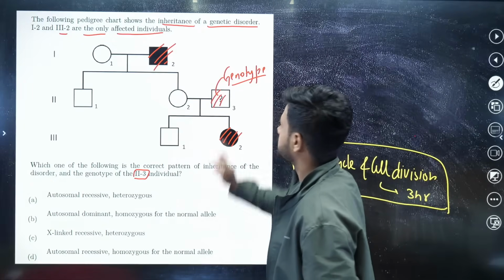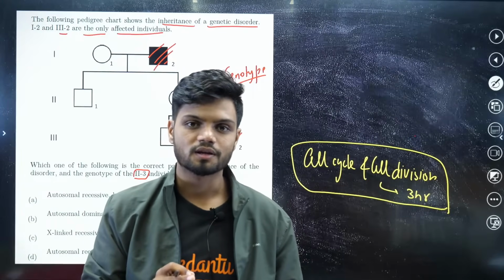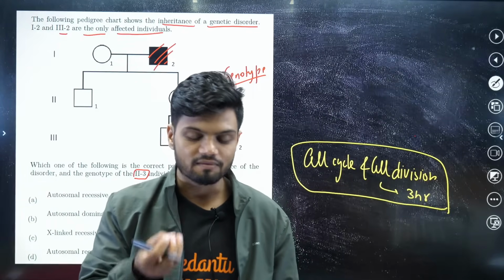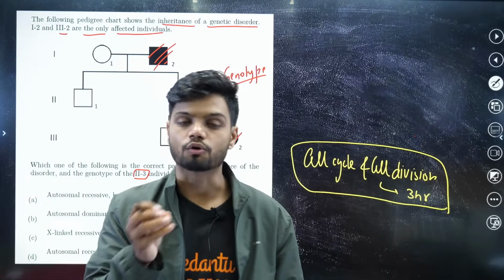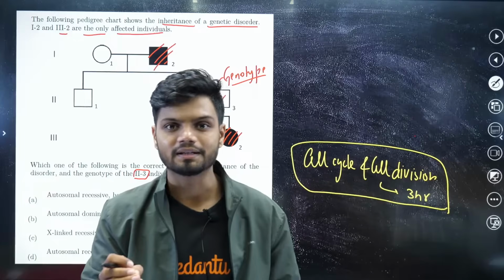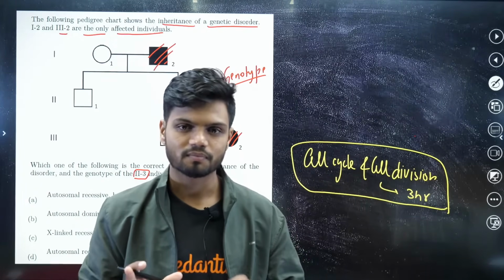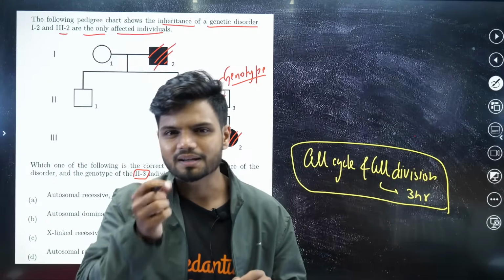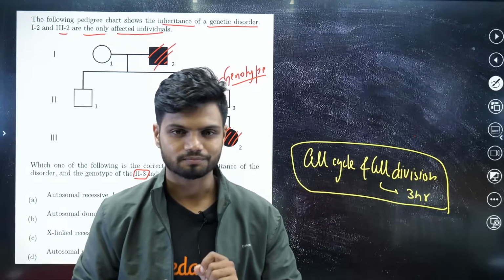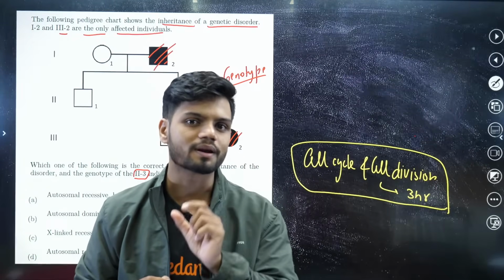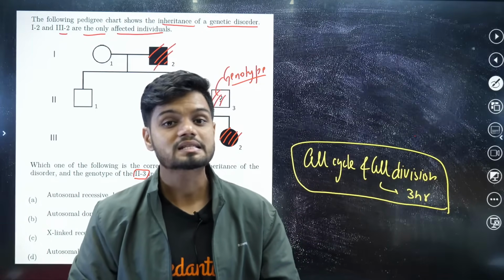Genotype of I3. Now, the only way to remember this is to know that every type of disorder, whether autosomal dominant, autosomal recessive, X-linked, or Y-linked, has certain characteristics. The characteristic of autosomal recessive is that it will skip generations.